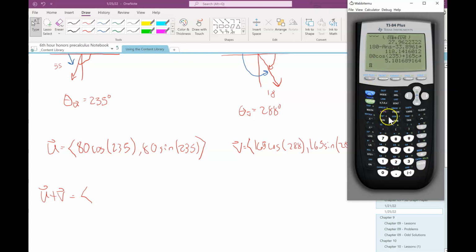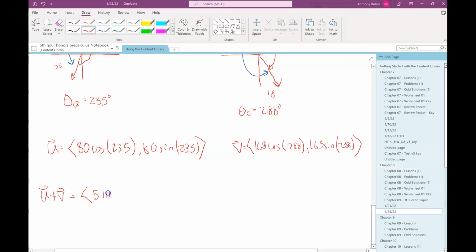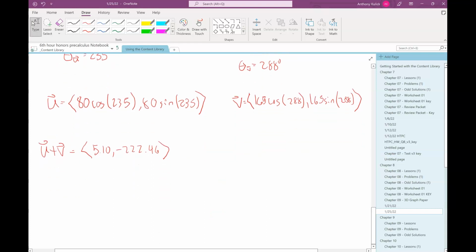So I get 5.10 for the first component and negative 222.46 for the second component. Then all I need to do is convert these back into magnitude and direction.